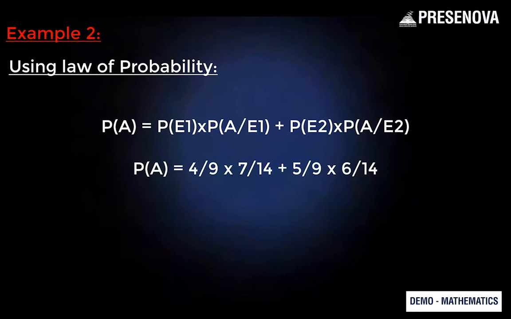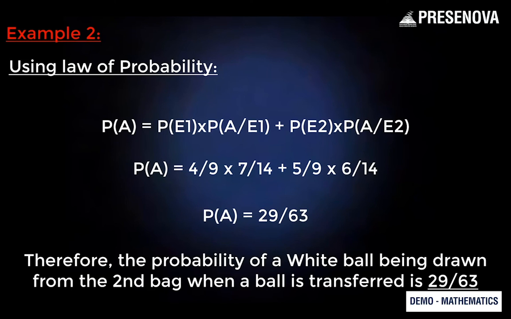This is equal to 4 by 9 into 7 by 14, plus 5 by 9 into 6 by 14. This is equal to 58 by 126, or when further simplified, it is equal to 29 by 63. Therefore, the probability of a white ball being drawn from the second bag when one ball is transferred from the first bag to the second bag is equal to 29 by 63.